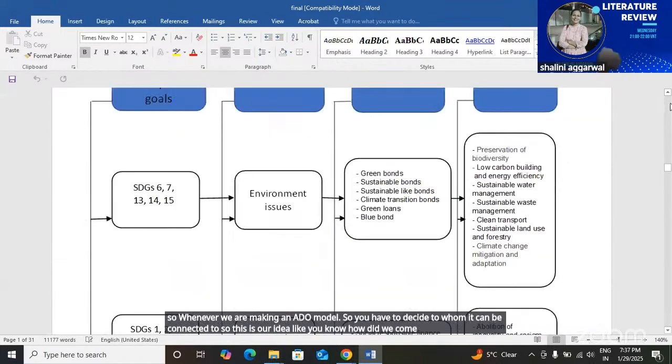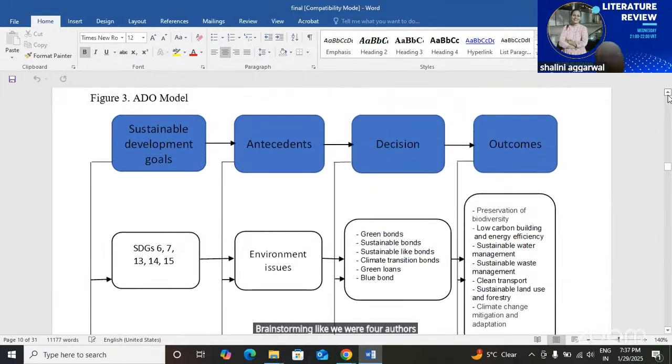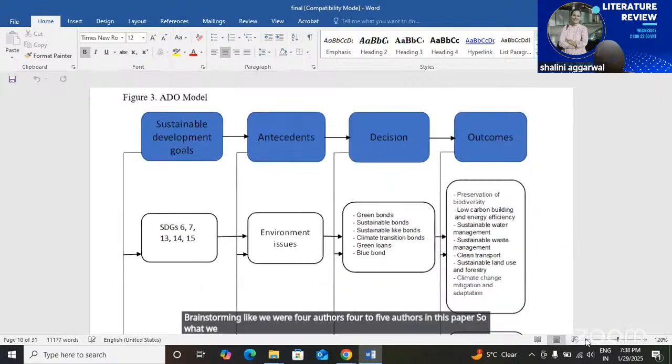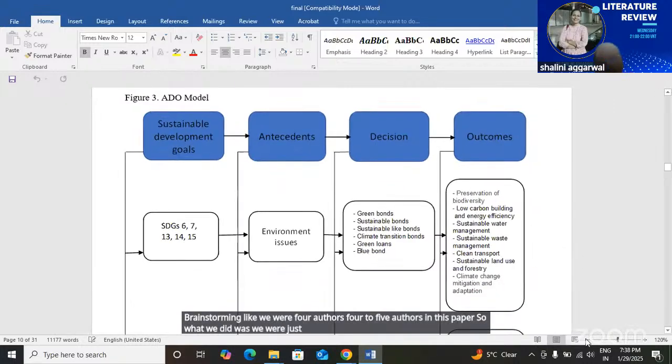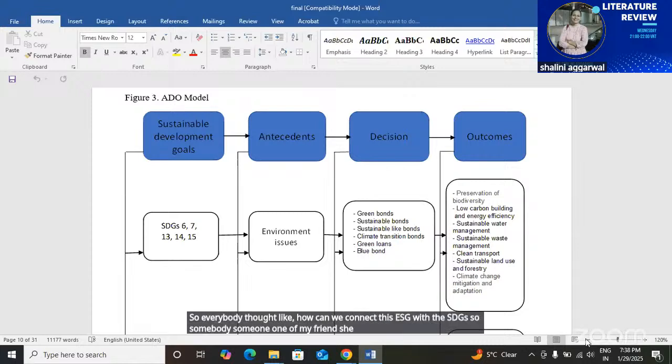We were brainstorming, we were four to five authors in this paper. So we brainstormed this. Everybody thought, how can we connect this ESG with the SDGs? One of my friends said, okay, let's connect it with SDGs. So we thought about it.